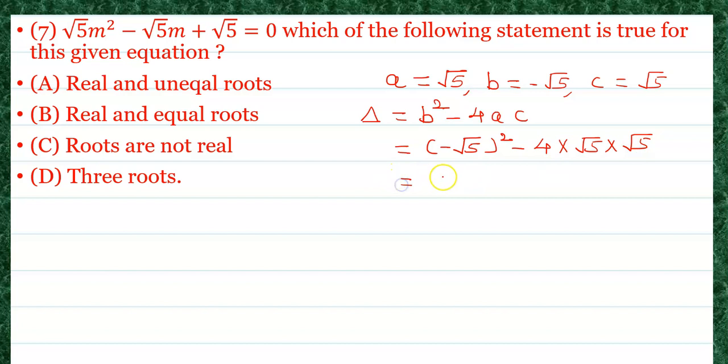Therefore minus root 5 square means 5, and again root 5 into root 5 is 5, 5 into 4 is minus 20, and overall here you will get minus 15, which is less than 0, and therefore the roots are not real, and hence the option C is a correct one.